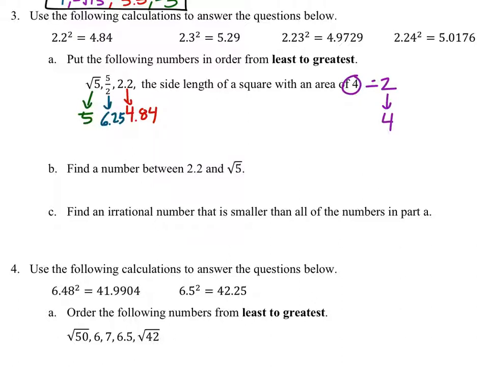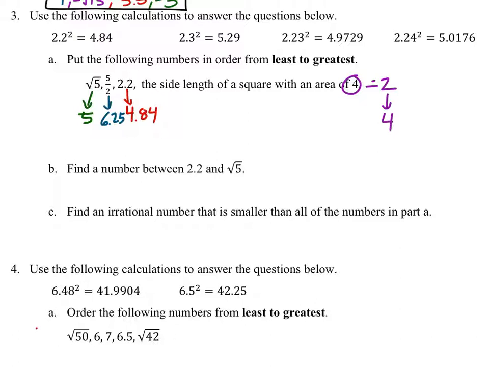If you squared that, you'd get 5 times 5, which is 25, and 2 times 2 is 4. 25 divided by 4 is 6.25. So by squaring that, you should get 6.25. You can keep the fraction if you want, but list these from least to greatest.